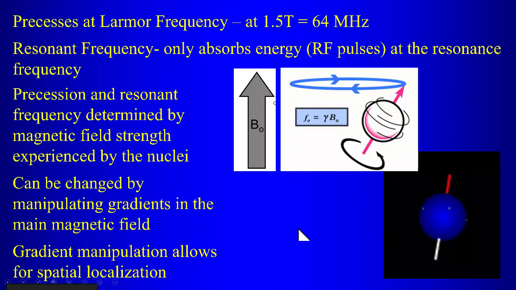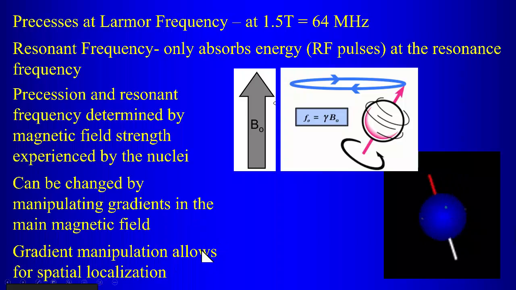So now we can also change the field strength that the proton experiences and its resonant frequency by manipulating gradients in the main magnetic field, and we can do that three-dimensionally, and that will help us eventually to encode this three-dimensional information within the signal that we receive, and that helps us to generate the images.